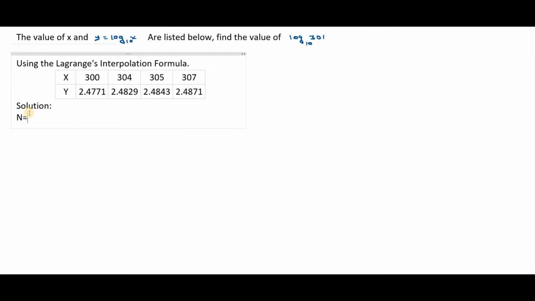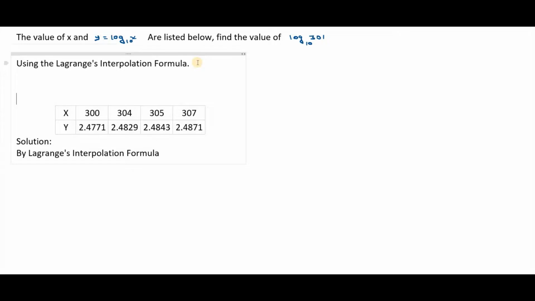By Lagrange's interpolation formula, now I will solve directly without using the formula. So in the statement only I will write the value of x which is asked.